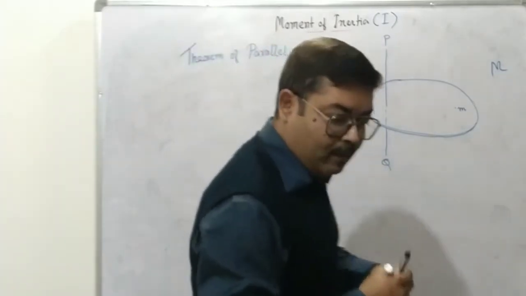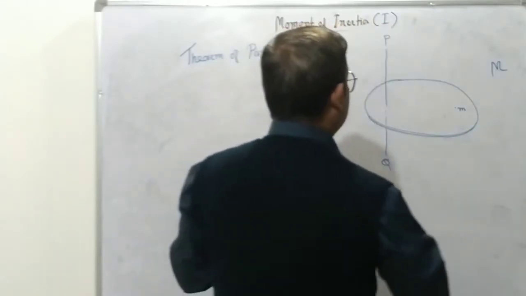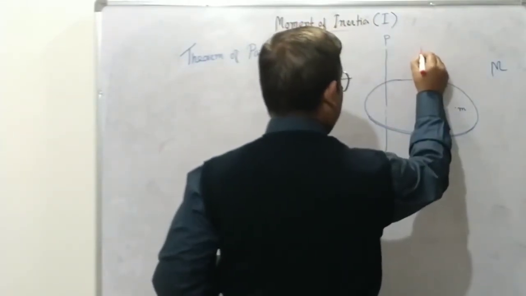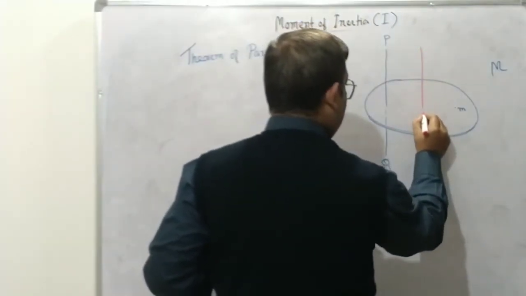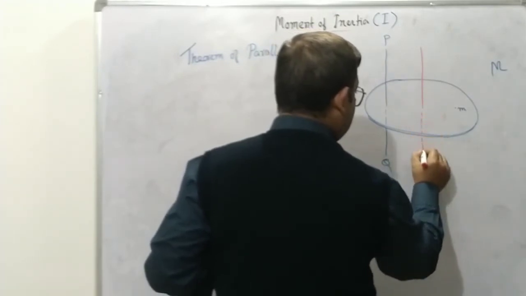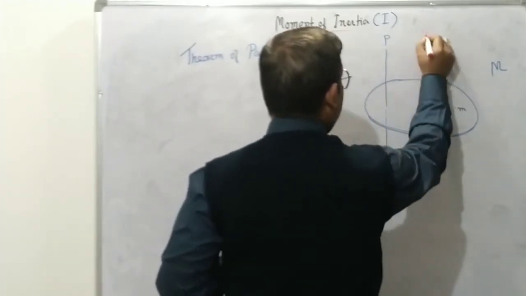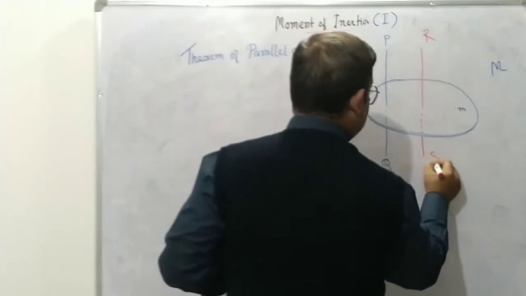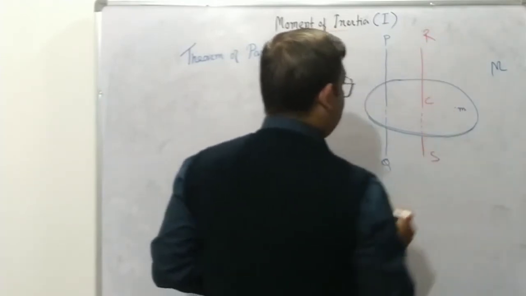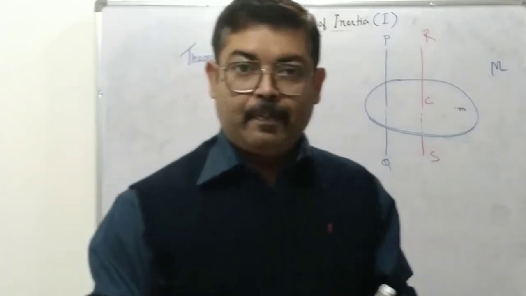So, let us say we have another axis like this parallel to PQ, and this axis, let's call it RS, passes through C, the center of mass of the body.